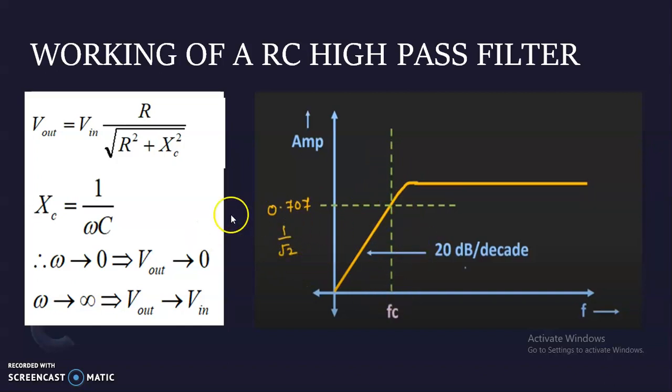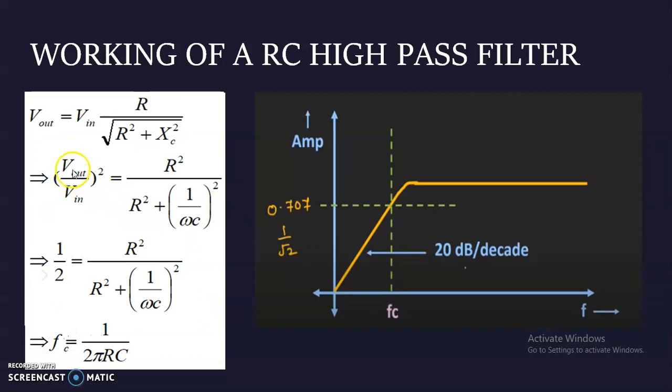So now how to find Fc? So V out by V in squared is equal to R squared divided by R squared plus 1 by omega c whole square. So if we put V out by V in, which is the transfer function, equal to 1 by root 2, then on squaring it, it will become half, and we will get this equation, and subsequently we will get Fc equals 1 by 2 pi RC.